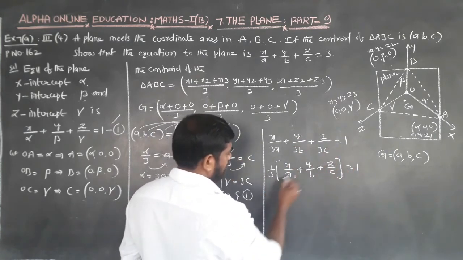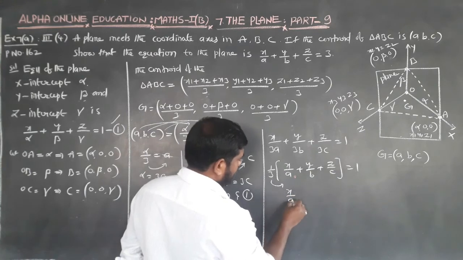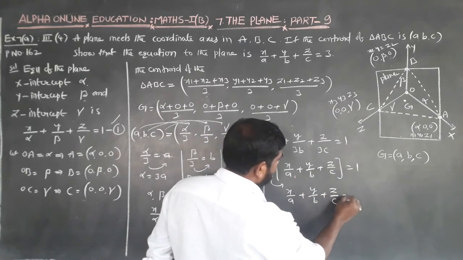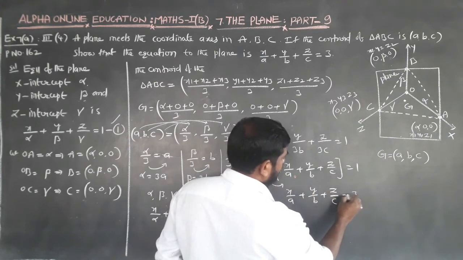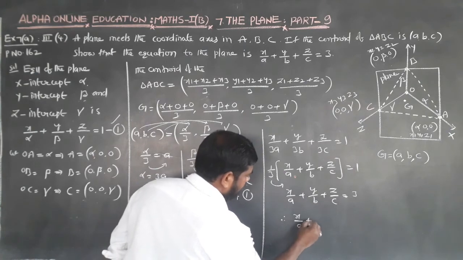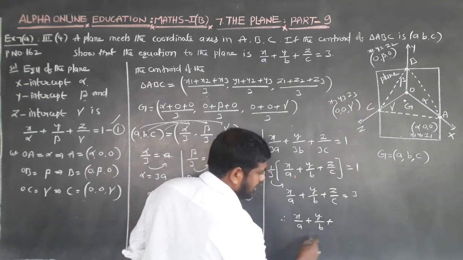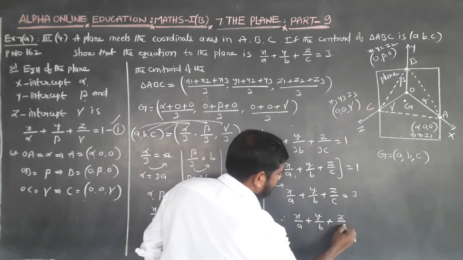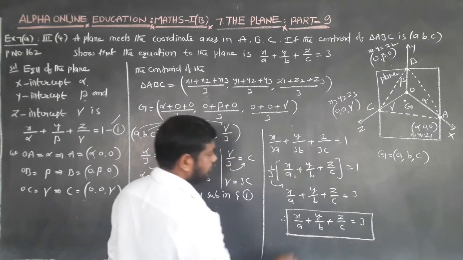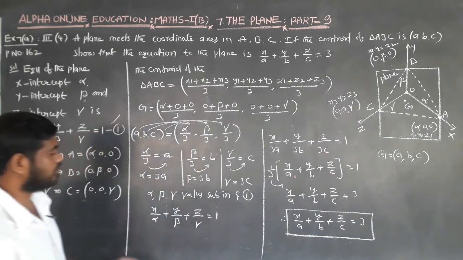Taking 3 to the right side, x/a + y/b + z/c = 3. Therefore, the required equation of the plane is x/a + y/b + z/c = 3. This is the answer.